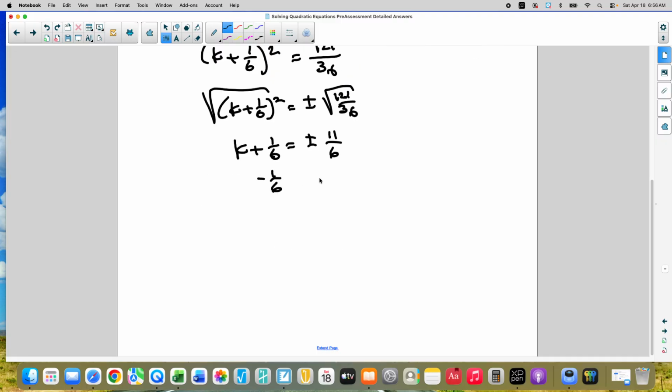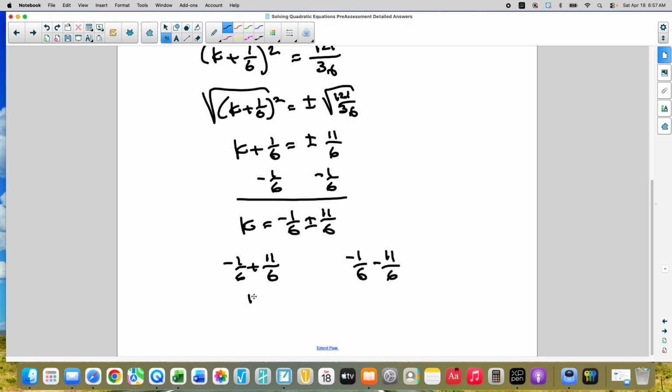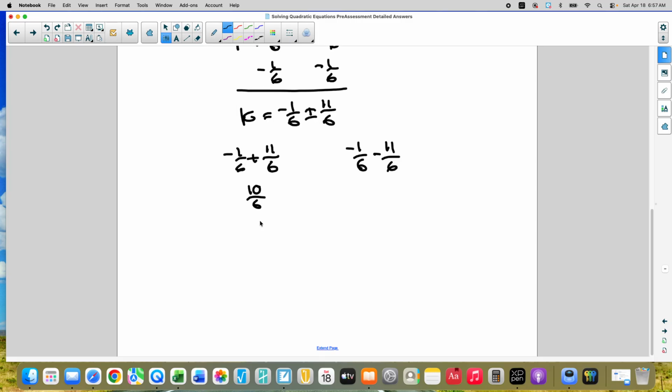Minus 1/6 from both sides. k equals negative 1/6 plus or minus 11/6. Negative 1/6 plus 11/6, negative 1/6 minus 11/6. That's 10/6, which reduces. You must reduce all fractions. 5 thirds, and negative 12/6, which is negative 2. Our solutions are negative 2, comma 5 thirds.